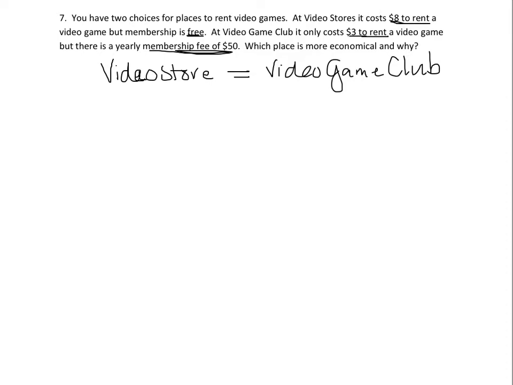To have an algebraic expression to represent the video store, it costs $8 to rent a video game, so it's always going to be 8 times however many video games you rent. Let's make the number of video games we rent x. For Video Game Club, it's $3 times however many you rent, but it's also going to be an extra fee of $50 per year. So 3x plus 50 is a good way of showing that.